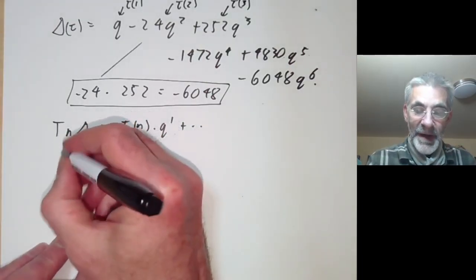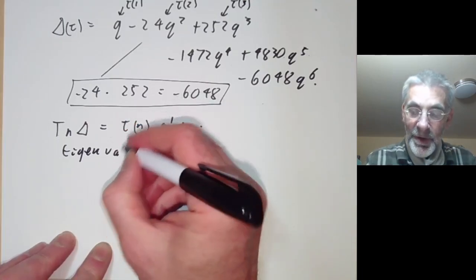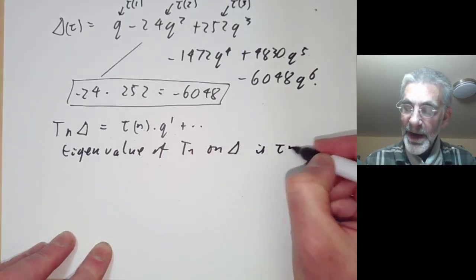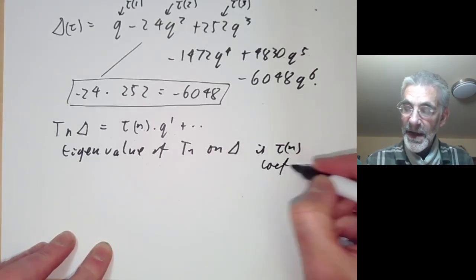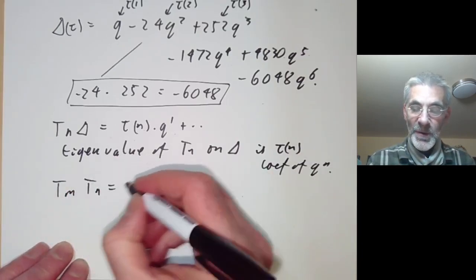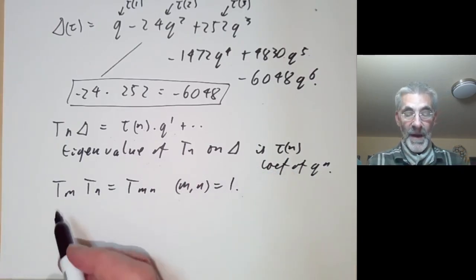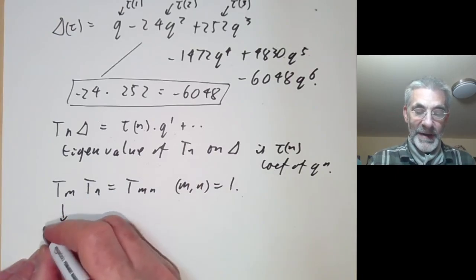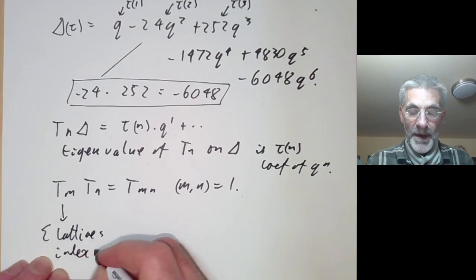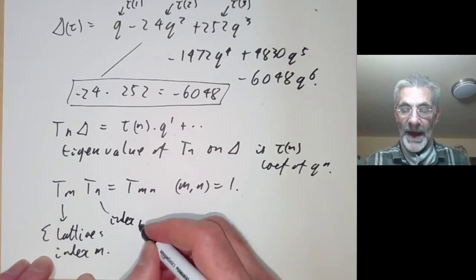So the eigenvalue of Tn on delta is just tau n, the coefficient of q to the n. And now we notice that Tm times Tn is equal to Tmn whenever m and n are co-prime. This is because Tm is a sum over lattices of index m, and Tn is a sum over lattices of index n.